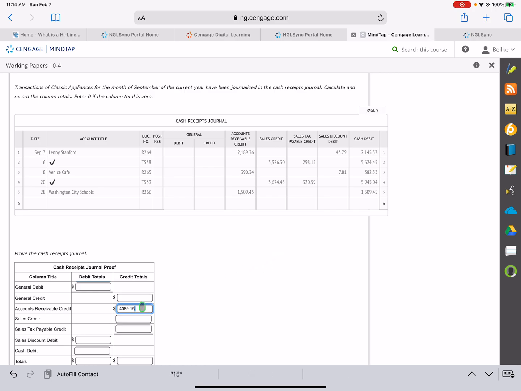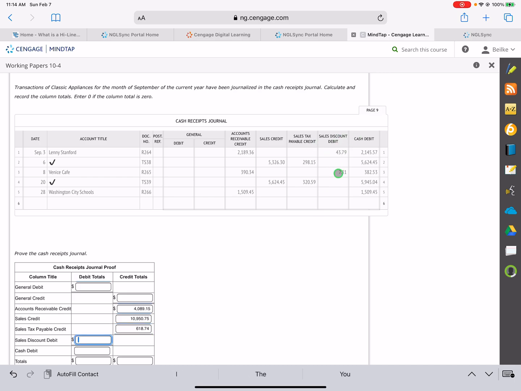$4,089.15. You would add up your sales credit, those two numbers, and you should come up with $10,950.75. You would add up your sales tax payable, those two numbers, and you should come up with $618.74.